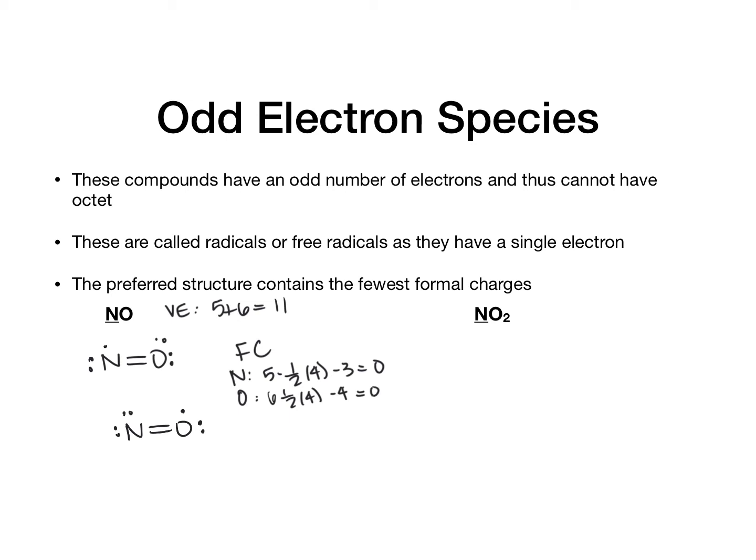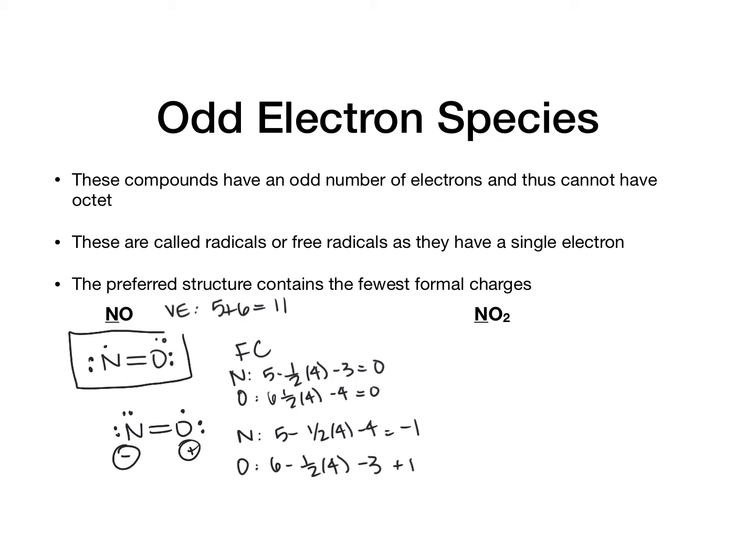If we look at the one on the bottom, nitrogen is 5 minus half of 4 minus 4, which is negative 1. And oxygen is 6 minus half of 4 minus 3, which is plus 1. So in this structure, we have the more electronegative atom being positive and 2 charges. So NO, with a single valence electron on the nitrogen, is preferred.